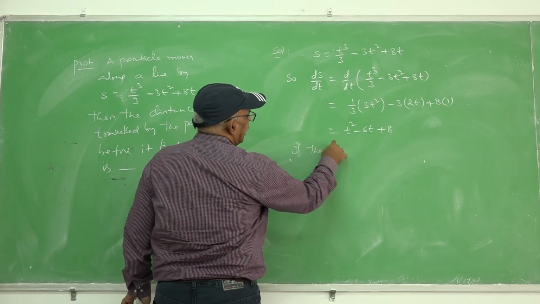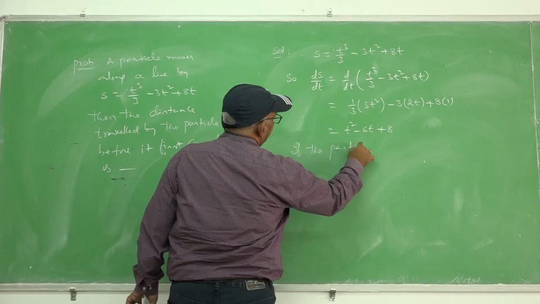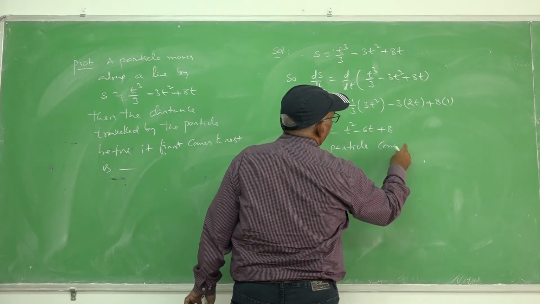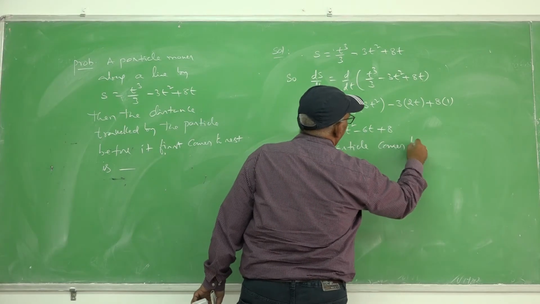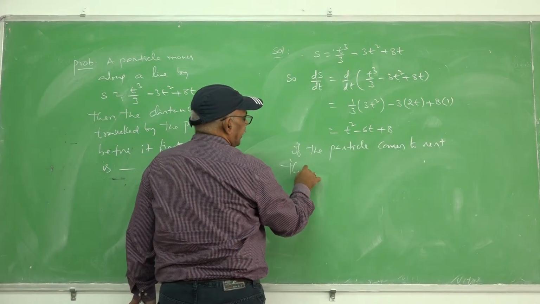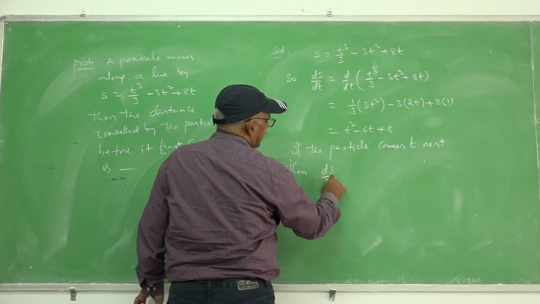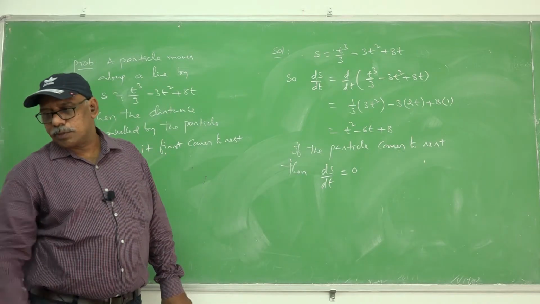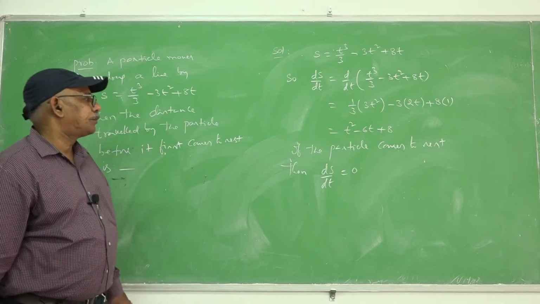If the particle comes to rest, then ds by dt becomes 0, velocity becomes 0.